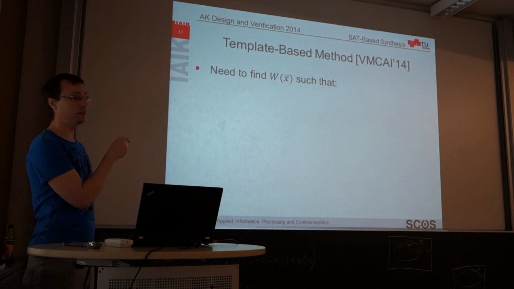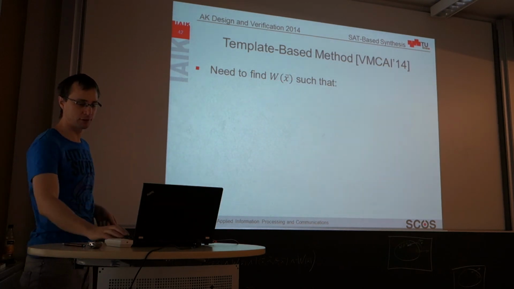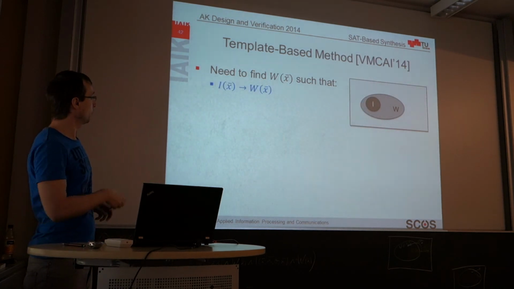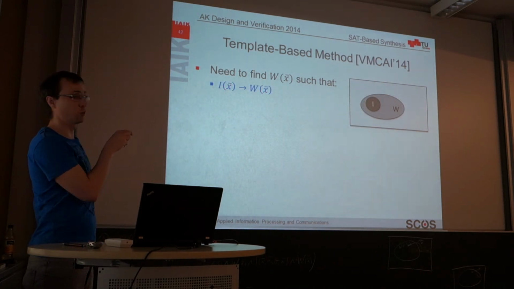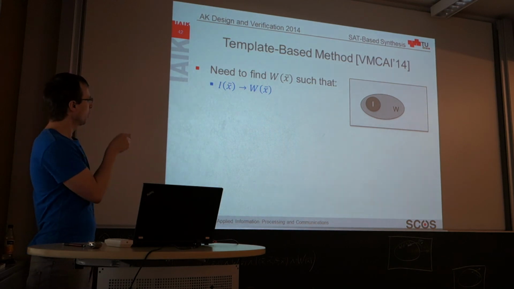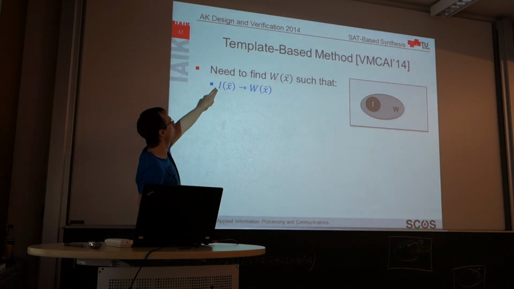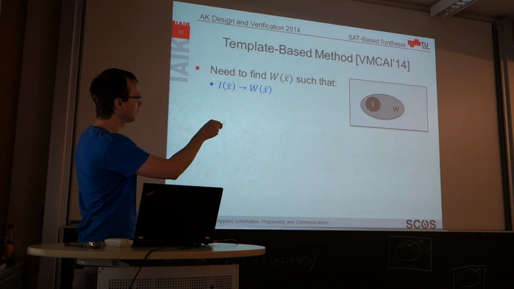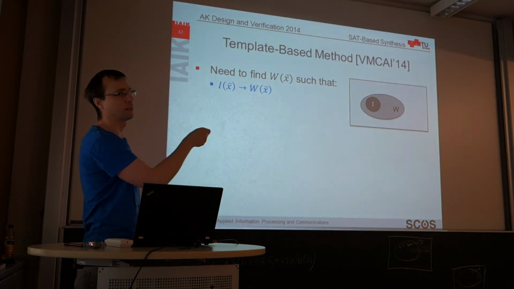So we need to find a formula over our state bits, and this formula has to satisfy 3 properties. First of all, every initial state has to be contained in this winning region, which basically just means that the I formula must imply the W formula. Or graphically, the I region must be contained in the W region.